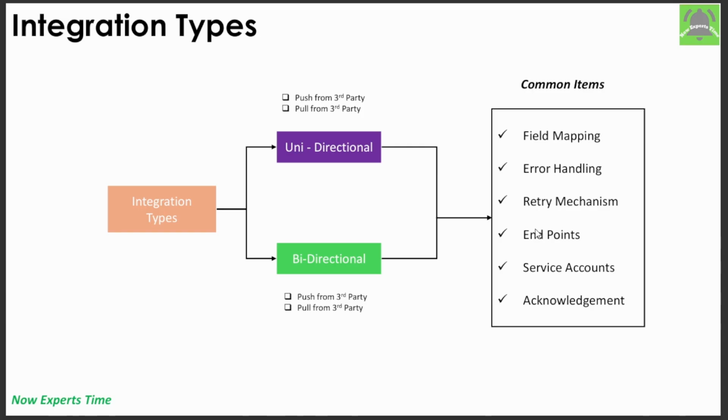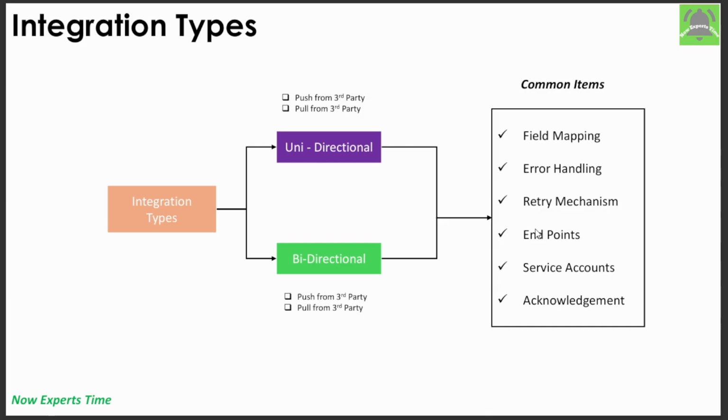That means if on the ServiceNow side we are pushing, then ServiceNow should understand this is a www.google.com slash something like that. Endpoint is like an address. So when sending the data from ServiceNow to the third party, ServiceNow should know what address to send the data to.